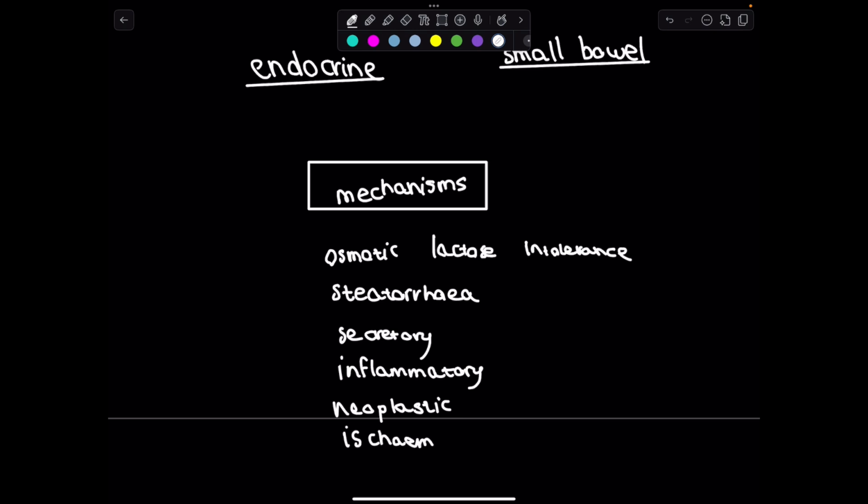Neoplastic. Tumors, e.g. colon cancer, disrupt gut function, causing secretory or inflammatory diarrhea. Ischemic. Reduced blood flow to the gut, e.g. ischemic colitis, damages the lining, leading to bloody diarrhea. These can dehydrate, stressing kidneys, especially in sickle cell disease. Want more on one mechanism or its sickle cell impact?